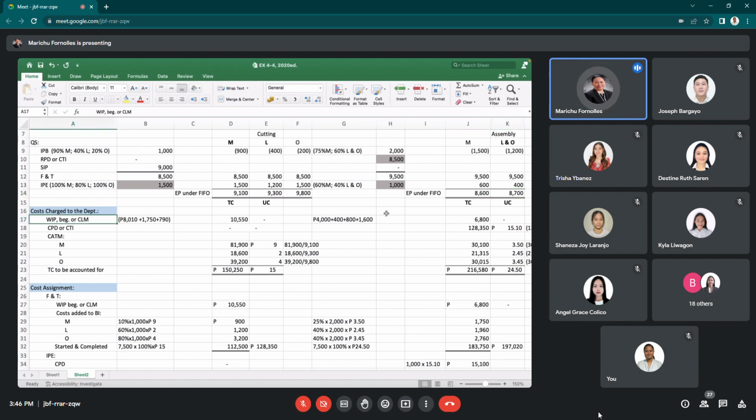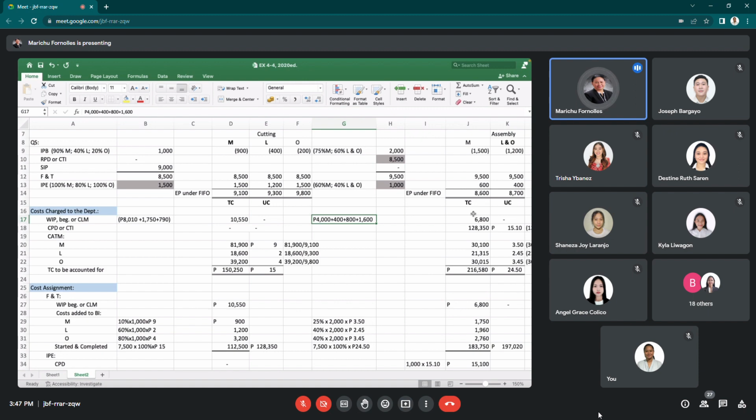So our work in process beginning consists of 4,000, which is the CPD last month of assembly department, plus the 400 material cost last month of assembly, plus the labor cost last month of assembly, 800, plus the overhead last month of assembly, 1,600.